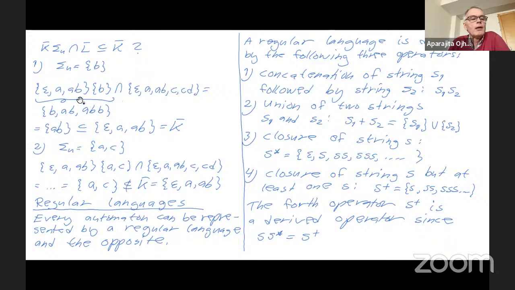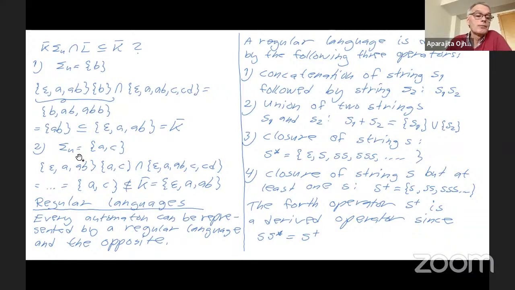Let's see. When you take the intersection of these two sets, you find that it's only the string AB that is included in both. So that's the intersection element. And since K bar was epsilon, A, AB, we see that yes, this expression K bar sigma U intersected with L bar is actually a subset of K bar.